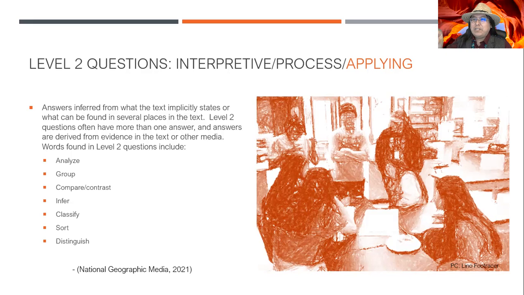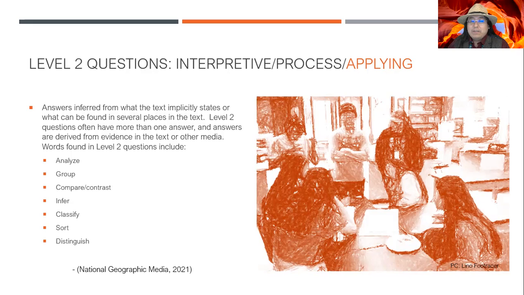Here's the information, here's the answer, and so forth. Whereas interpreting and processing are a little bit harder to understand. They have multiple pieces of information that they have to put together to synthesize the answer. These often have more than one answer, and answers are derived from evidence in the text or other media.